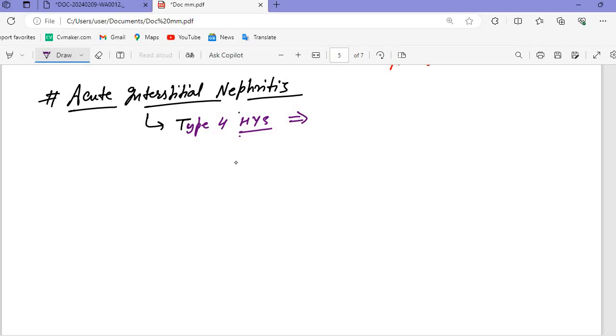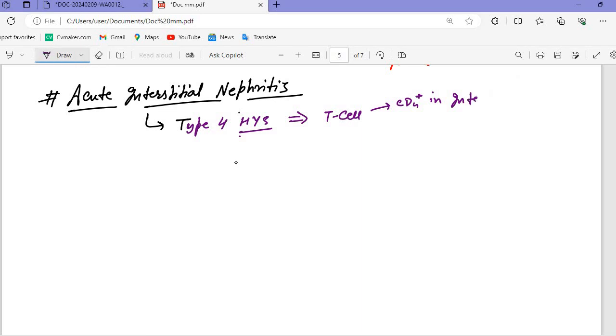The marker of the T cell is CD4 positive. In T cells we have CD4 and CD8; these are the markers. You need to remember that CD4 positive cells are involved in the interstitium.